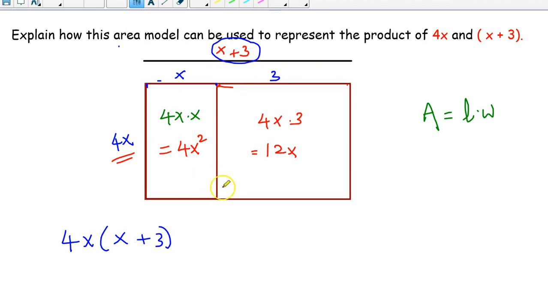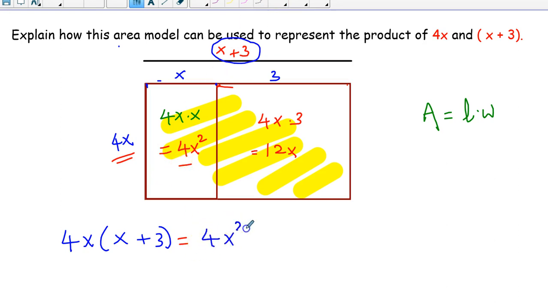Alright. It covers this whole thing. That is the area of this whole rectangle. It is the same as the sum of this small rectangle and the second smaller rectangle. Right? So this is equal to, what is the area of the first rectangle?